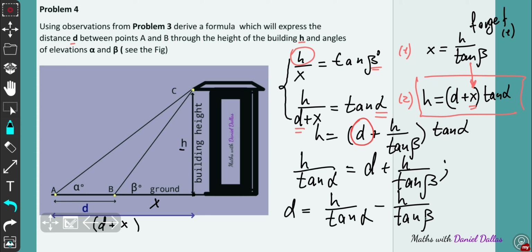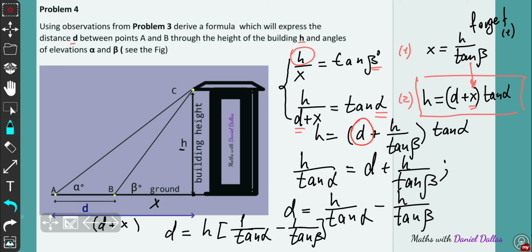So actually that's almost done. However, I would like to factorize H because H is the common factor here. So finally, we will have the distance that we need to express. So D is going to be equal to H, the common factor, and in brackets we'll have 1 over tangent alpha minus 1 over tangent beta, closing brackets.